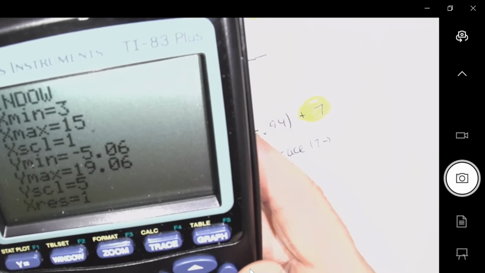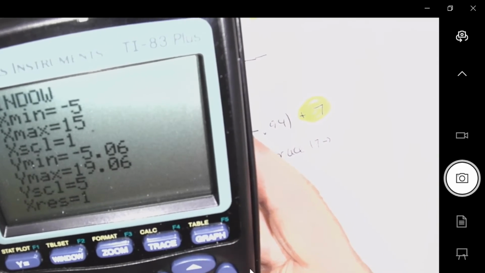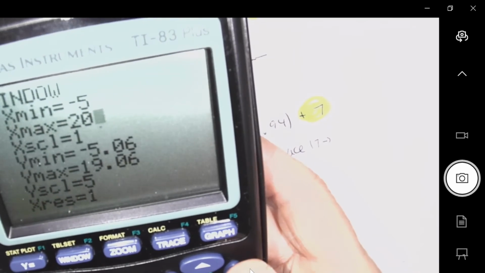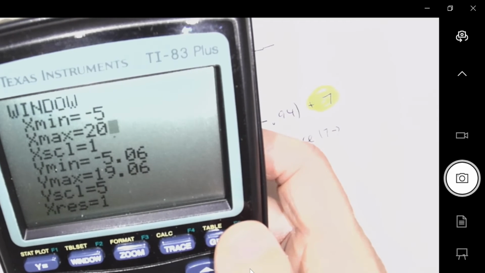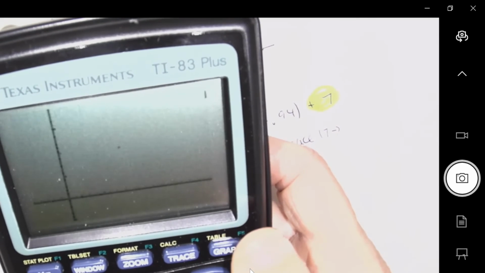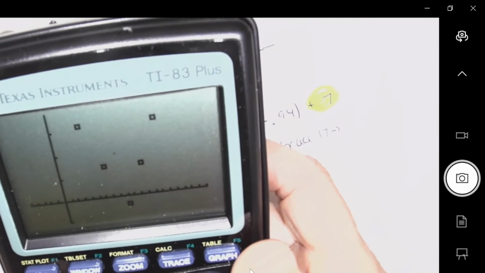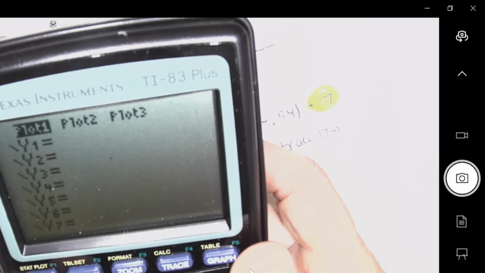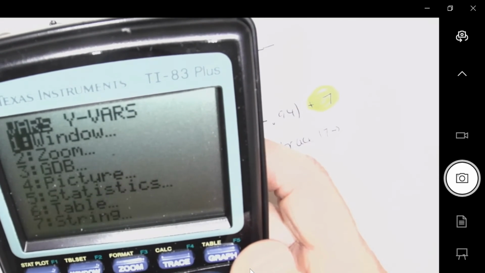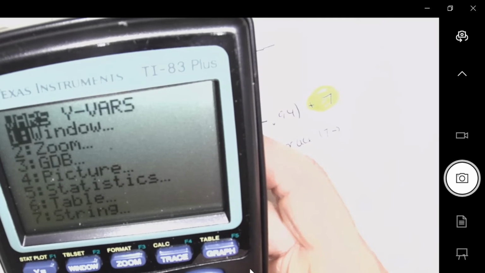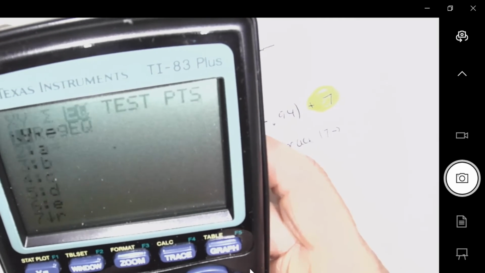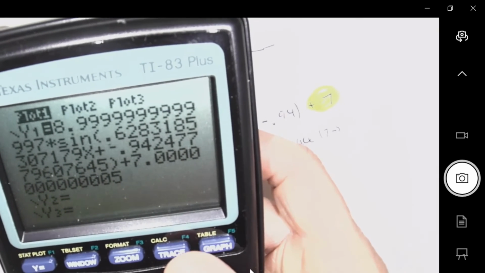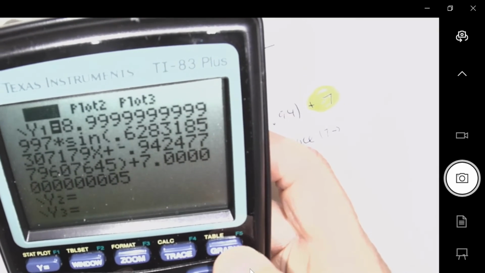I'm going to go from a -5 to 20 is good enough, I think. -5 to 20. Oh, I haven't even drawn my curve yet, hey? That window works, but. Vars, stats, yeah. Put it in there. Deactivate the plot.